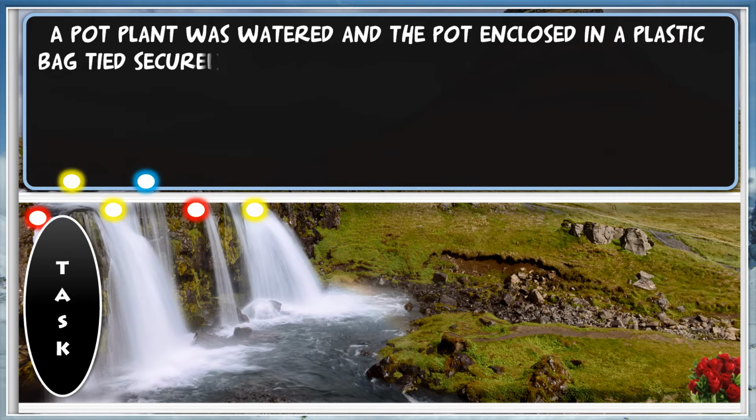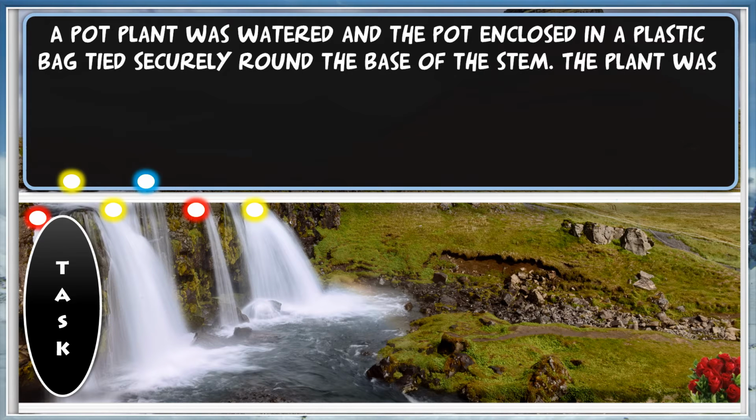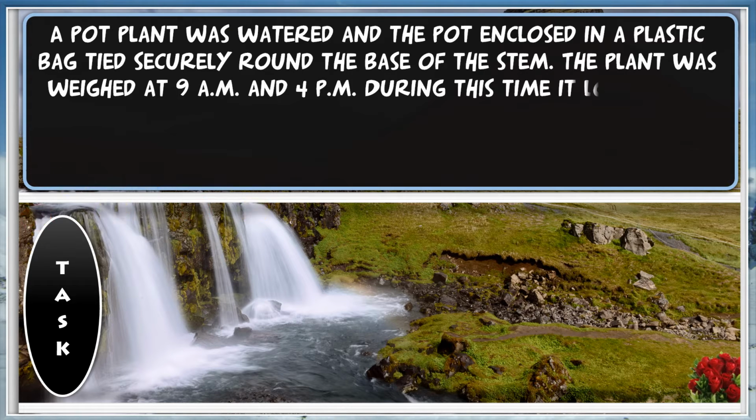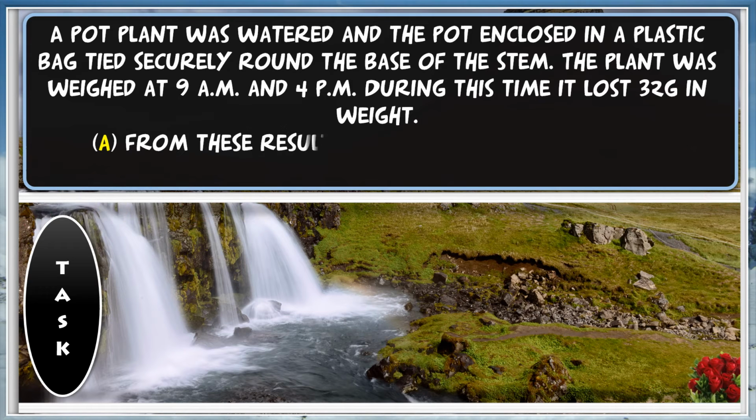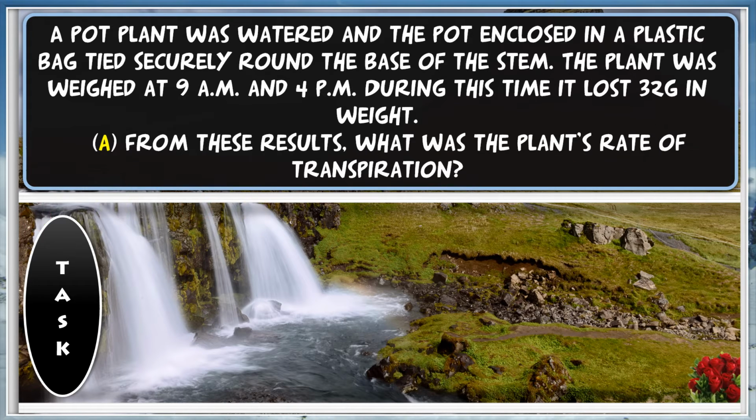A potted plant was watered, and the pot enclosed in a plastic bag tied securely around the base of the stem. The plant was weighed at 9 a.m. and 4 p.m. During this time, it lost 32 grams in weight.